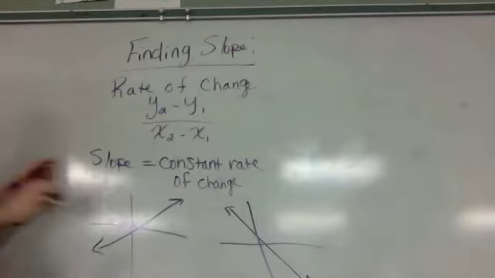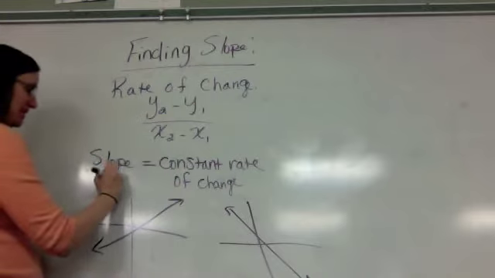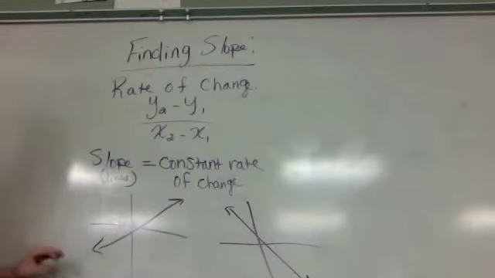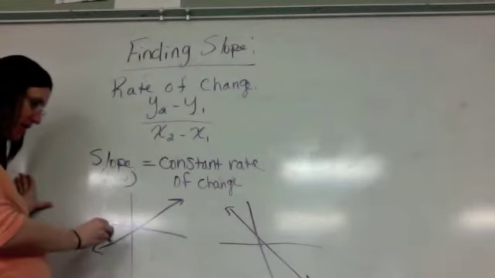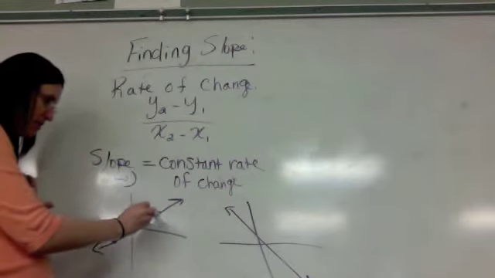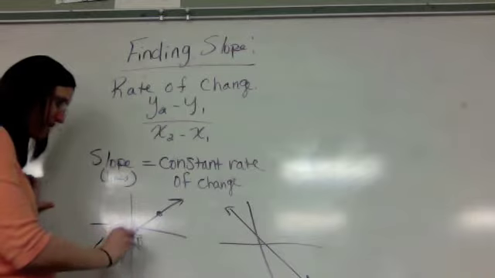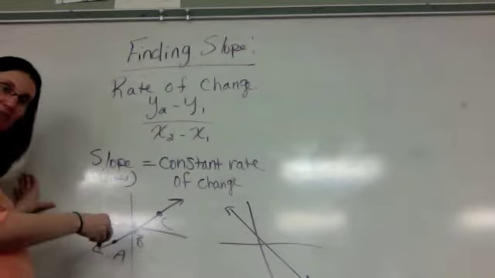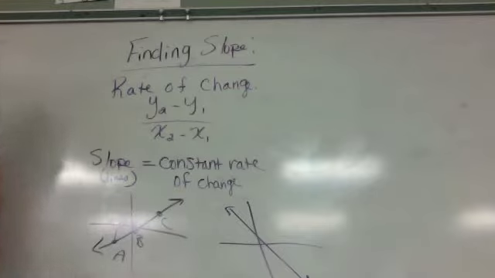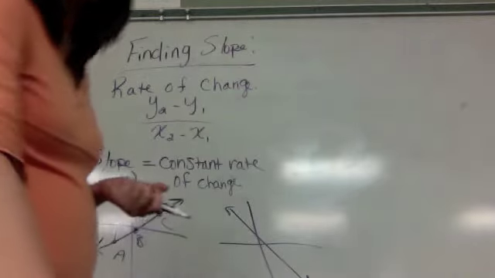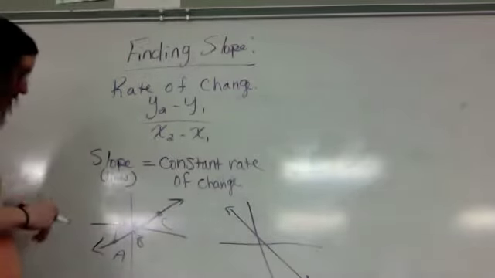So slope applies to graphing lines. Slope is the rate of change of a line. It doesn't matter which 2 points I pick. I have A, B, and C. The slope between A and B will be the same as B and C, will be the same as A and C. Slope is a constant rate of change. It will always remain the same.